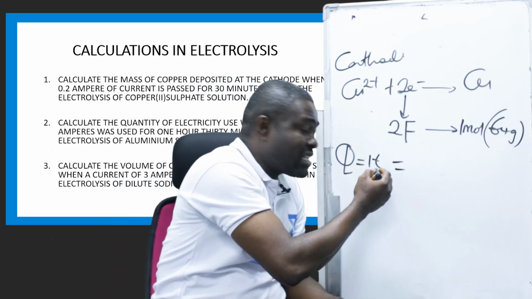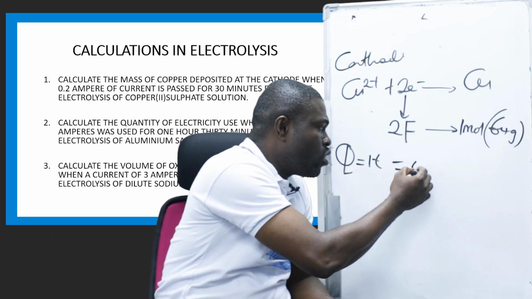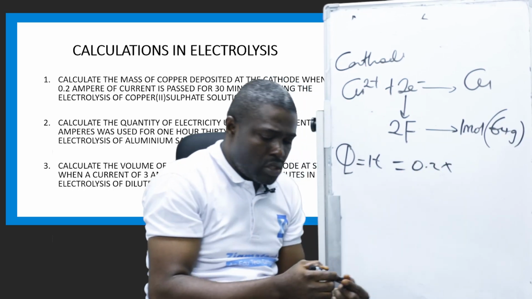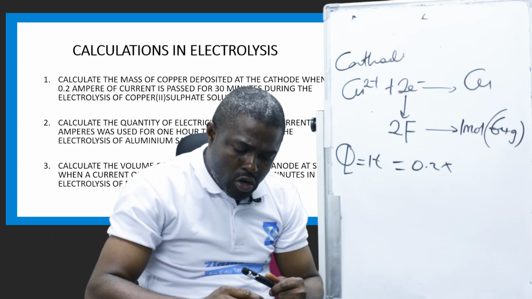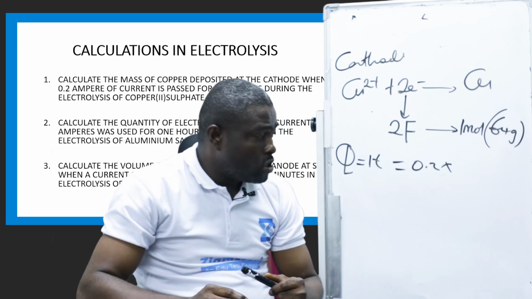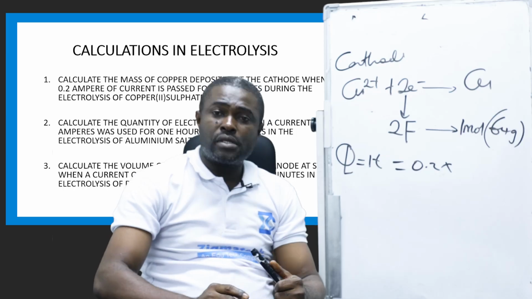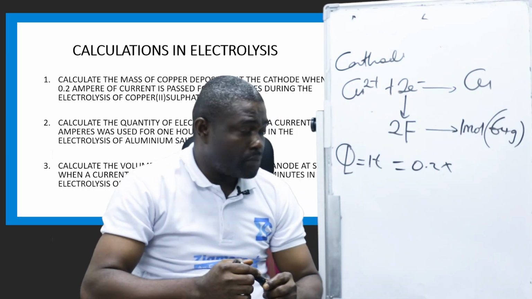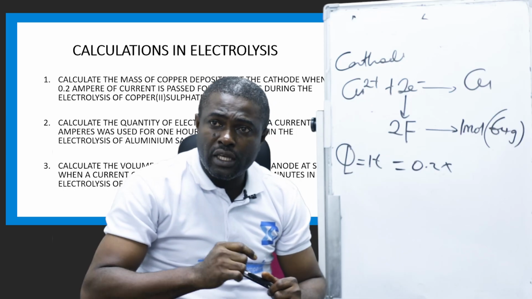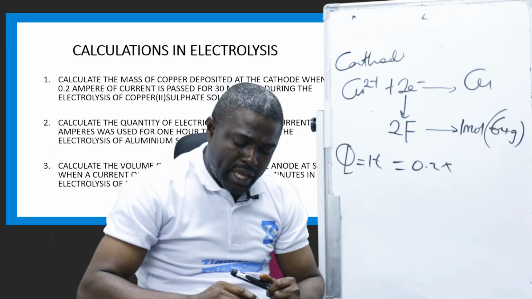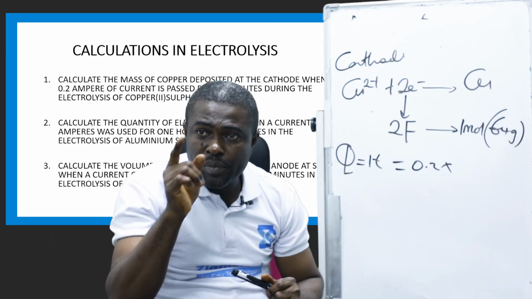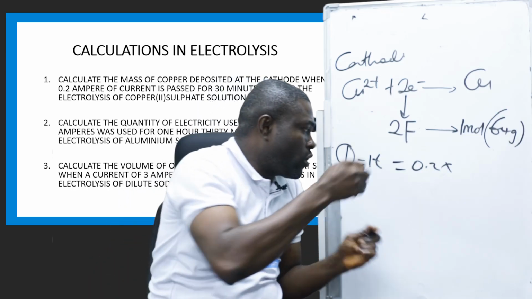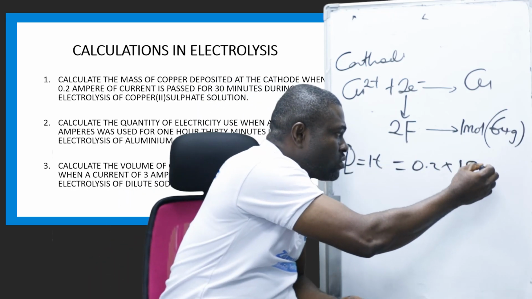So what is our current first? Our current is 0.2 ampere. So 30 times 60, converting the minutes to seconds, we are going to get 1,800.